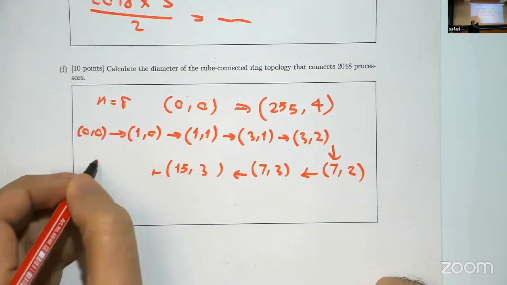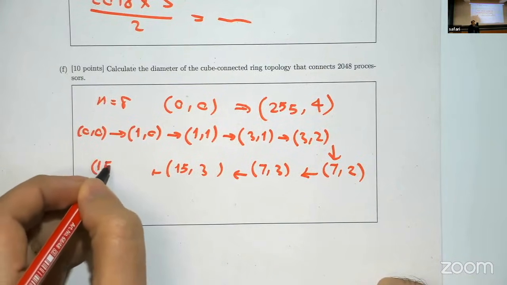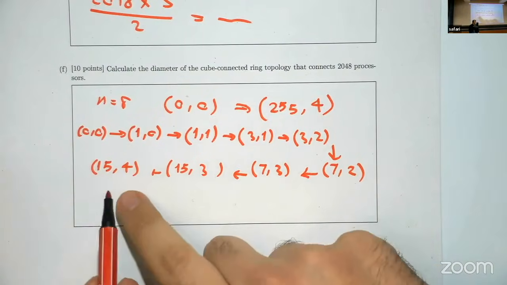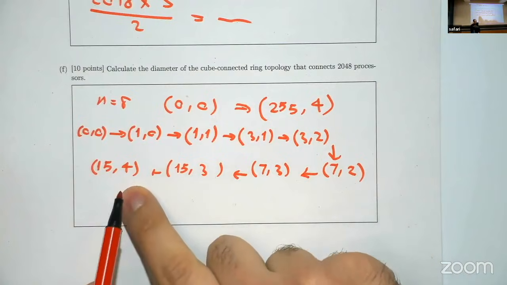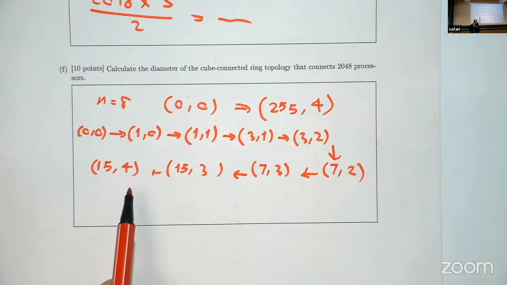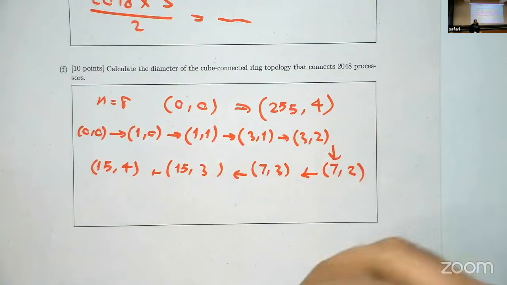And then we go another one in ring. So now you can see actually the y in this node equals the y of the destination. So we would love to not change y anymore and just go in the x dimension, but it's not possible, unfortunately.